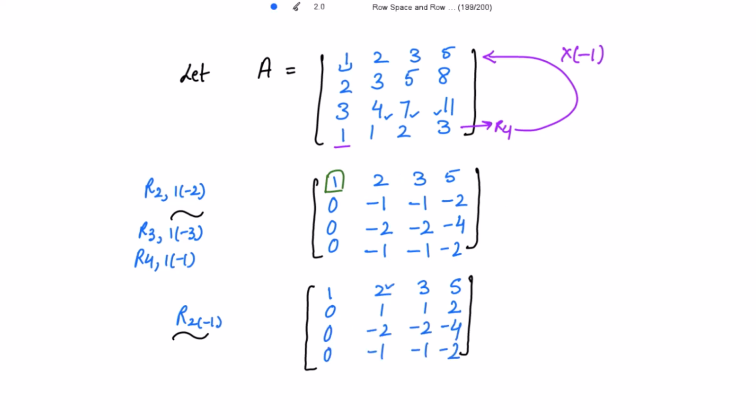To get 0 over here, row 1 needs to be changed by adding its elements to row 2, but row 2 should be first multiplied with -2, taking the advantage of this 1.